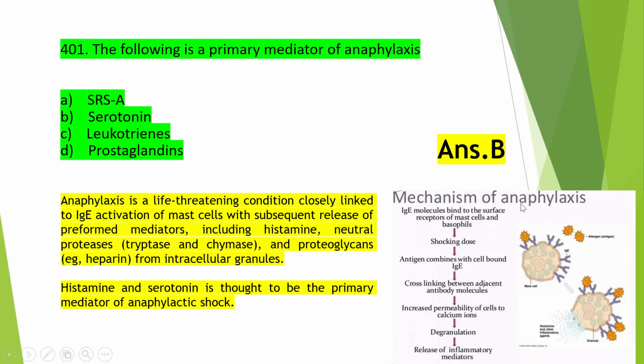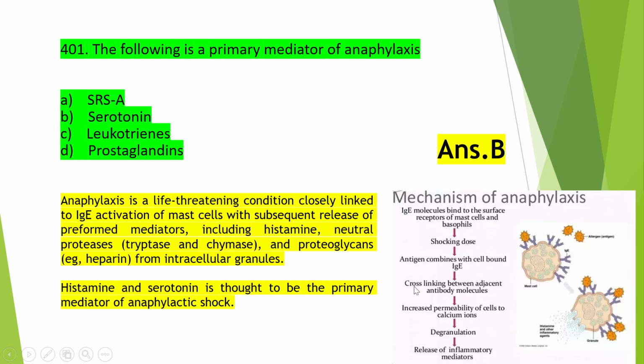So what is the mechanism of anaphylaxis? The IgE antibody first binds to the surface receptor of mast cells and basophils, and then the antigen combines with the cell-bound IgE, like this. This is the antigen binding to the IgE molecule which is already bound to the mast cell.